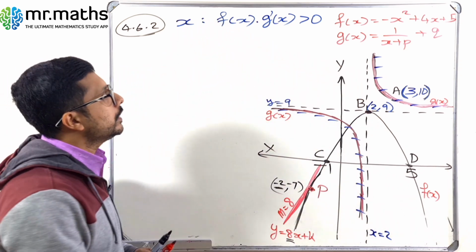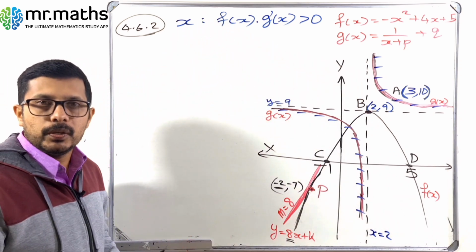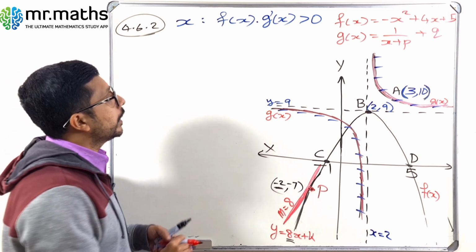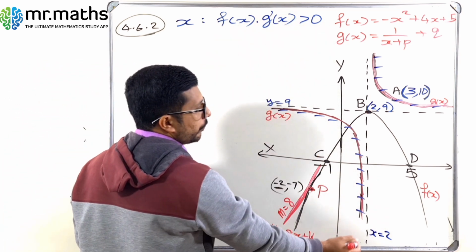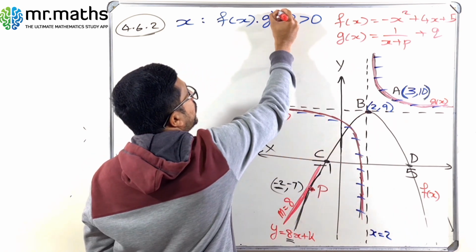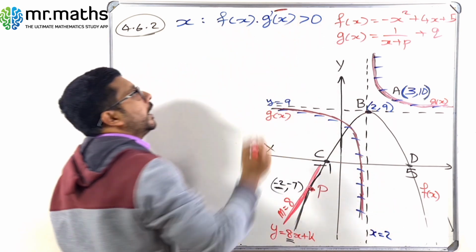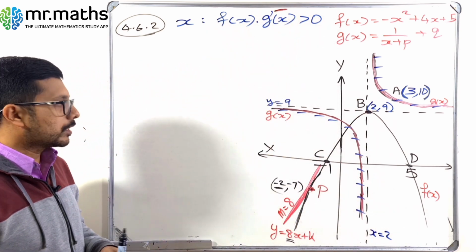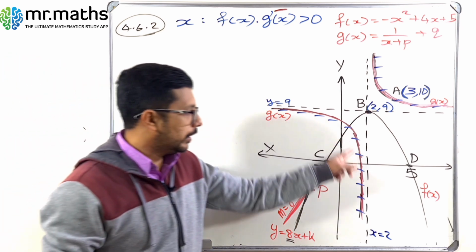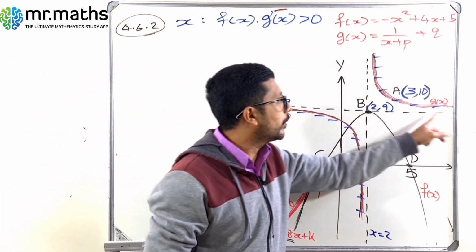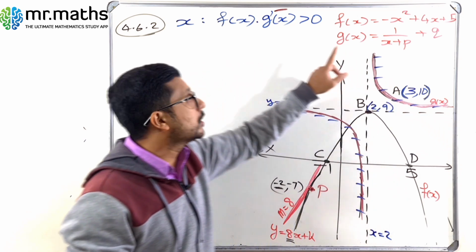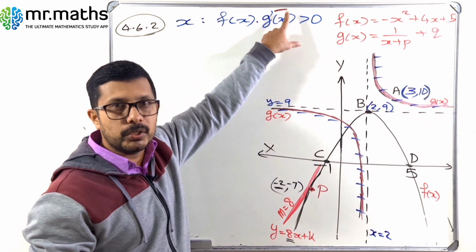Original graph is decreasing means the first derivative is negative. So in all of this g of x graph, the first derivative is negative.